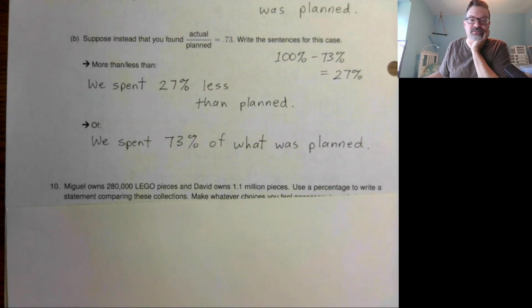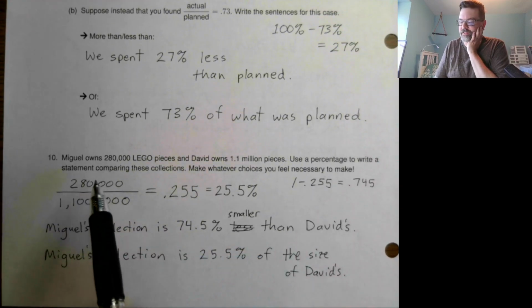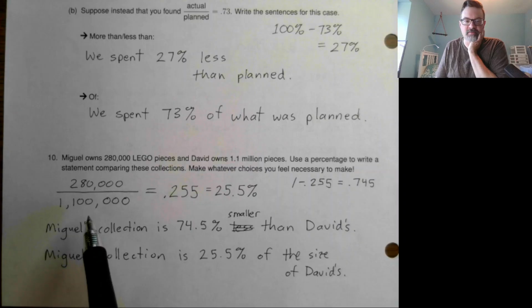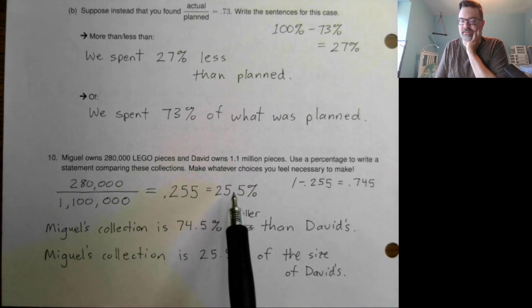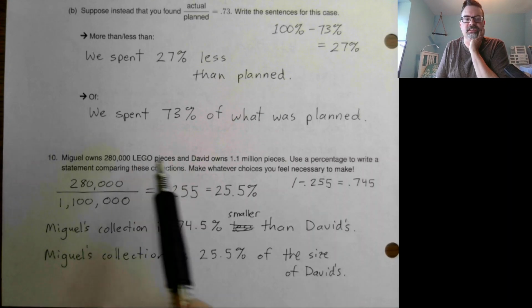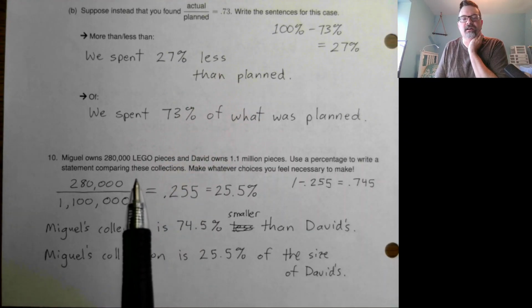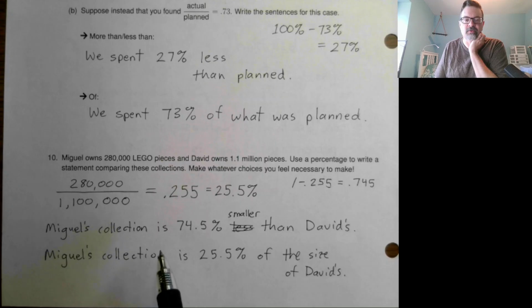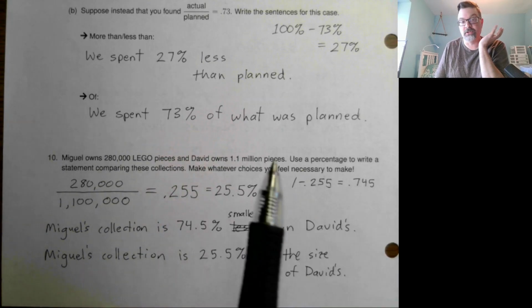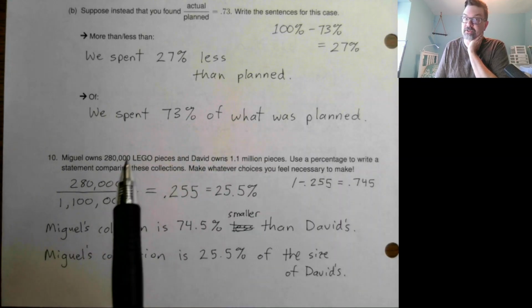Finishing this off, here's the kind of stuff I said. I just straight up compared the smaller one to the bigger one. Got this number. So clearly this collection is smaller than that collection. So we could state that two different ways. I'm comparing the small one to the big one. You could turn those around and get different sorts of percentages to compare the big one to the small one.